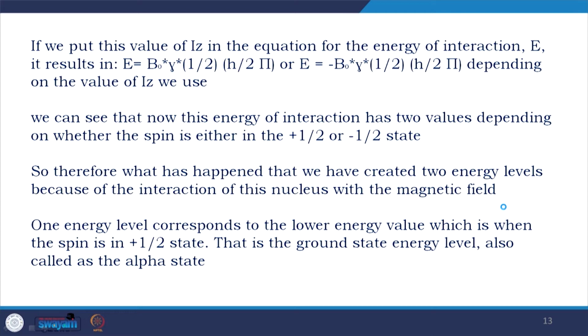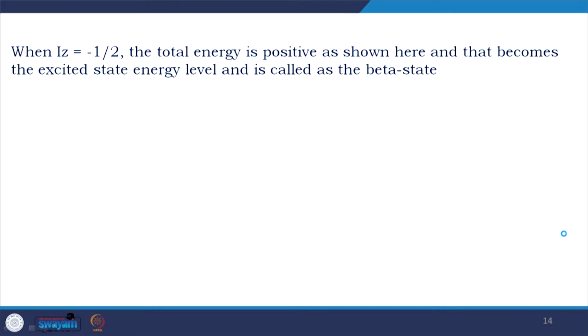One energy level corresponds to the lower energy value, which is when the spin is in the plus half state, that is the ground state energy level, also called the alpha state. So, we talk about energy splitting: the lower state is the alpha state and the higher state is the beta state. When Iz equals minus half, the total energy is positive as shown here, and that becomes the excited state energy level and is called the beta state.